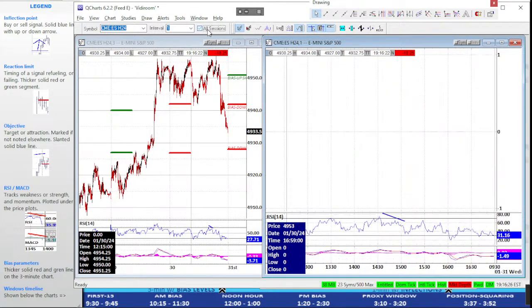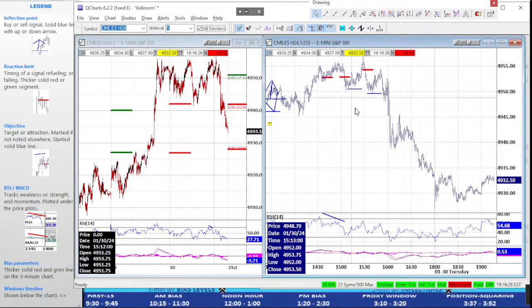All right, so I really just want to go through an example of how an inflection buy or sell signal, some of the different tactics to use. So one more point here.